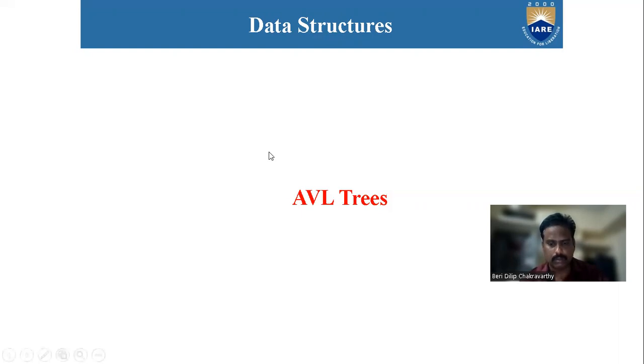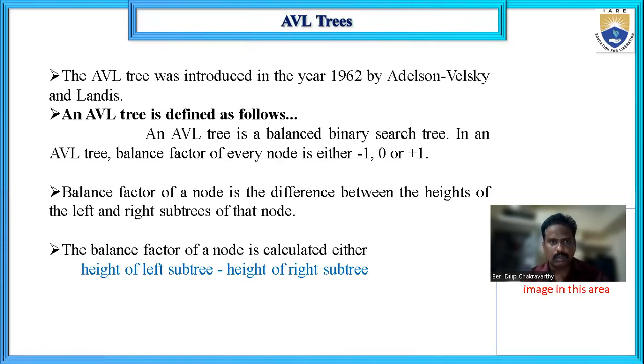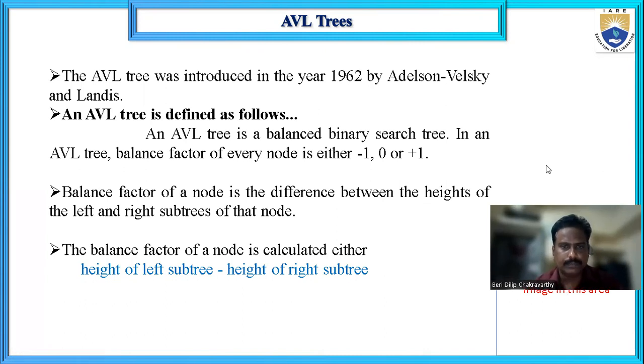AVL trees were introduced in the year 1962 by Adelson, Welsky, and Landis. AVL trees were developed by Adelson, Welsky, and Landis. An AVL tree is a balanced binary search tree.